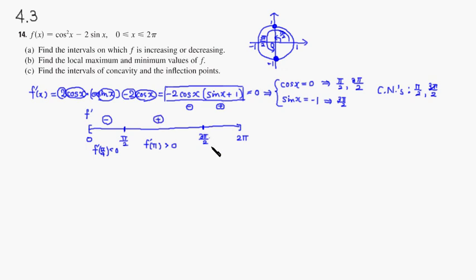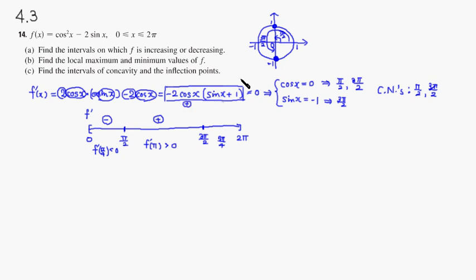How about between 3 pi over 2 and 2 pi? I would pick 7 pi over 4, so that's over here. We just want to know the sign. Cosine of 7 pi over 4 is in the fourth quadrant, so cosine is positive.